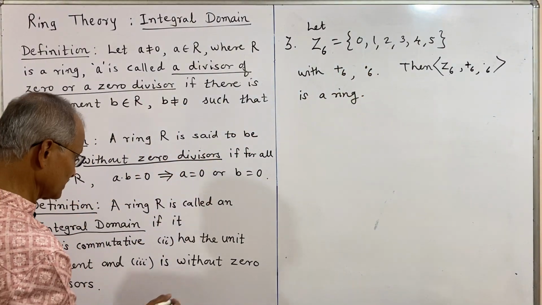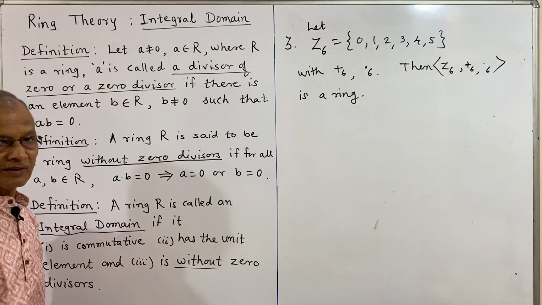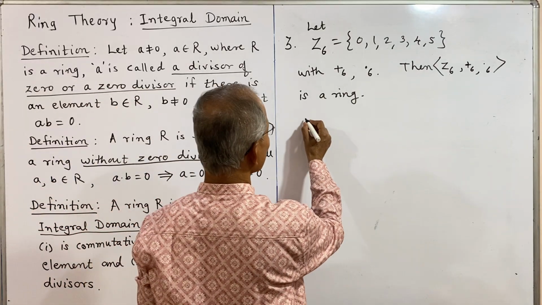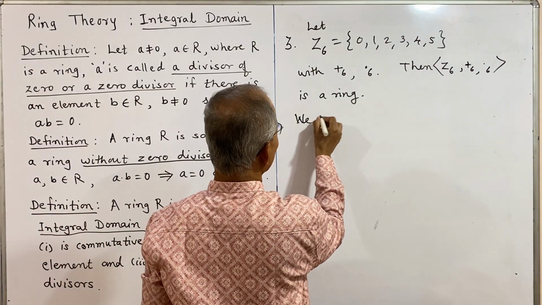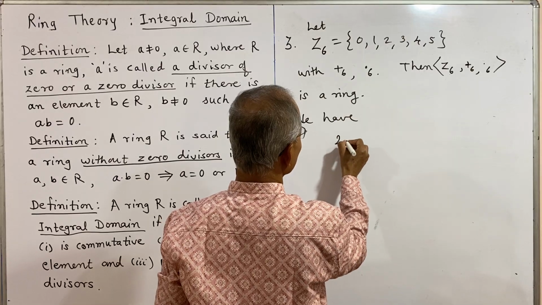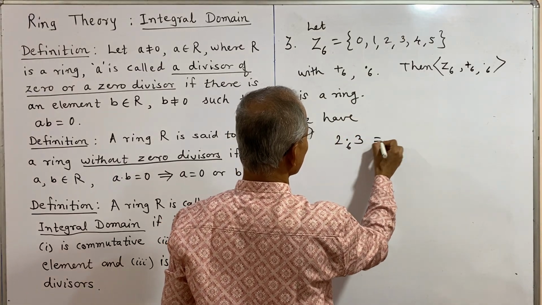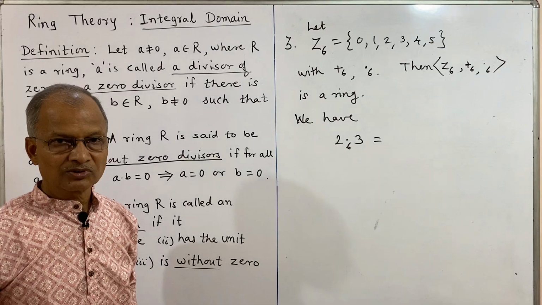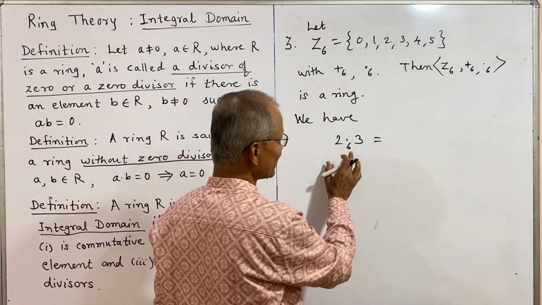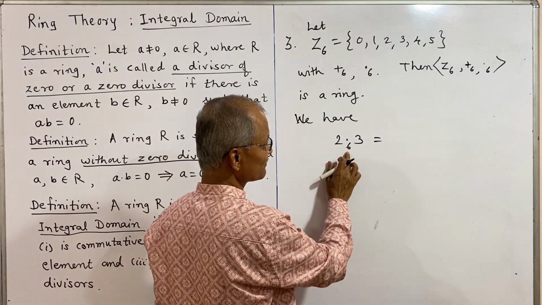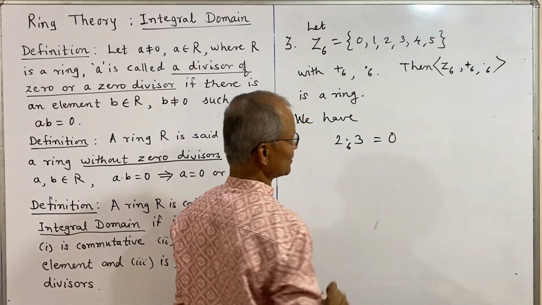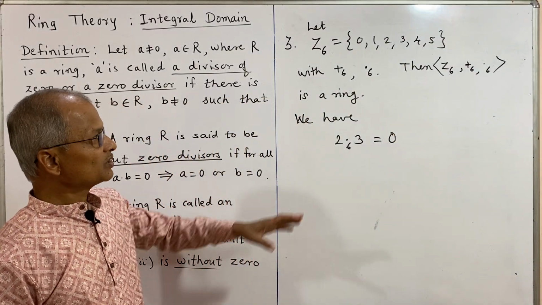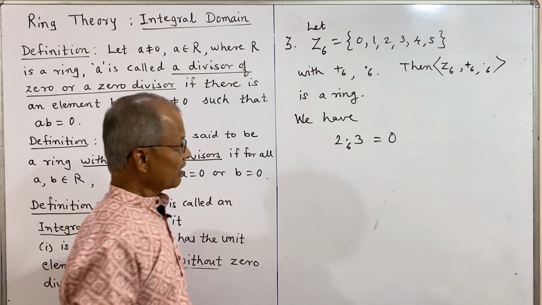But what about whether it is without 0 divisors? No, because we have 2 into 3 under multiplication modulo 6. The product 2 into 3 is 6, and 6 when divided by 6 leaves remainder 0. That is the multiplication modulo 6 operation.